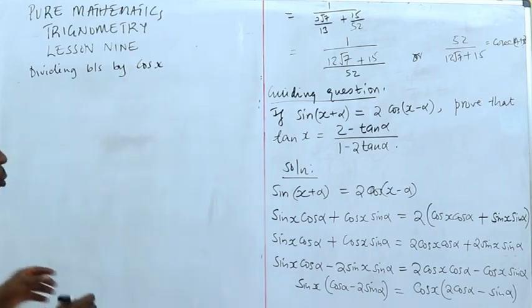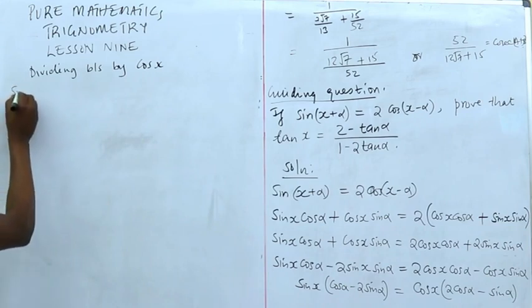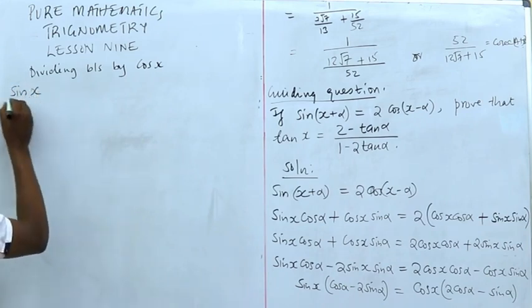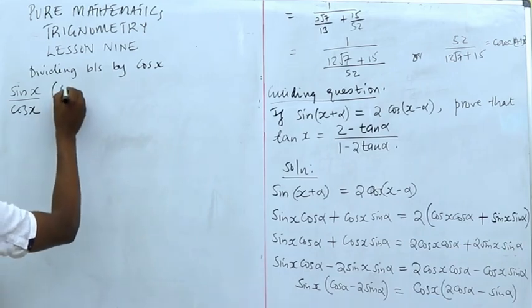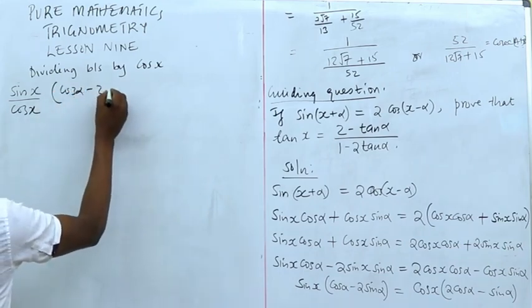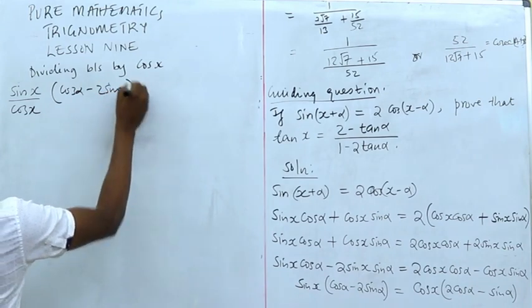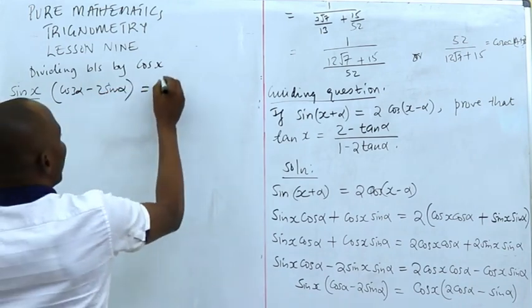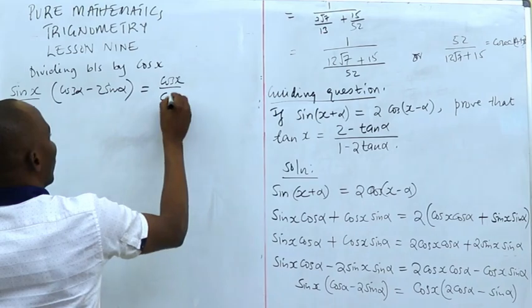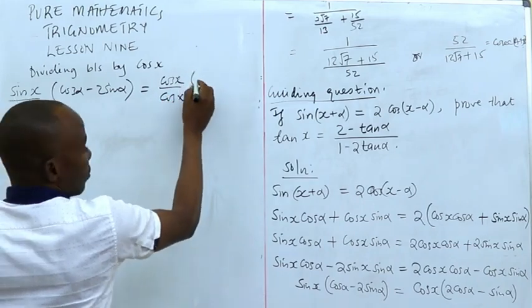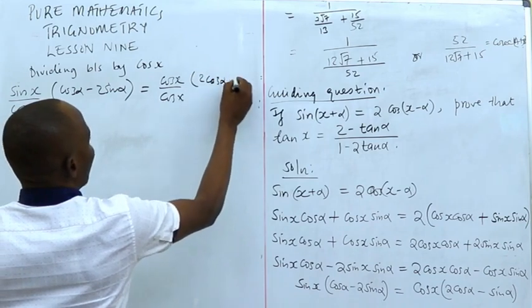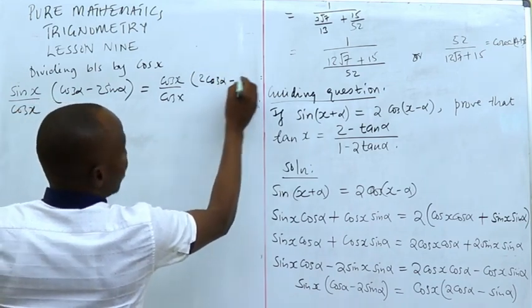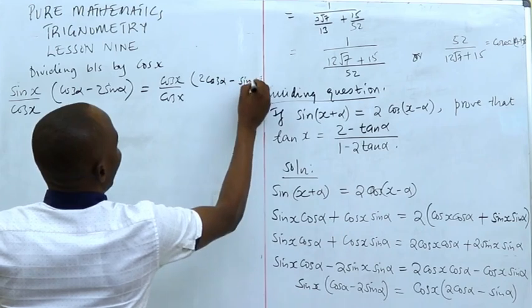Now if you divide both sides by cos x, you'll have sine x over cos x into cos alpha minus 2 sine alpha. This one is equal to cos x over cos x into 2 cos alpha minus sine alpha.